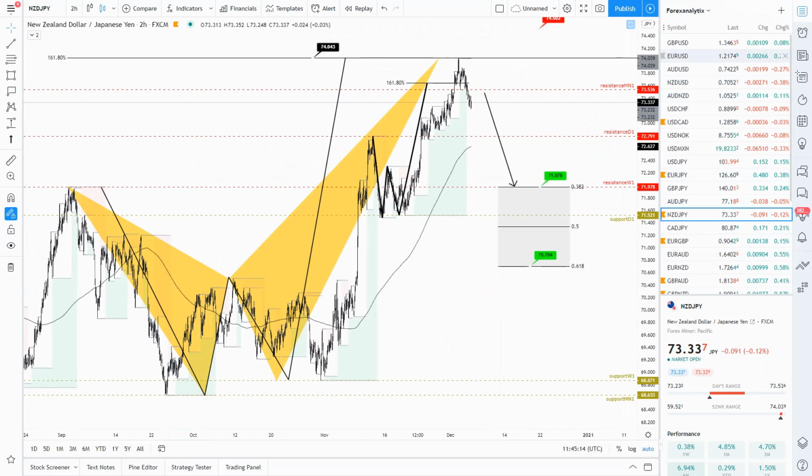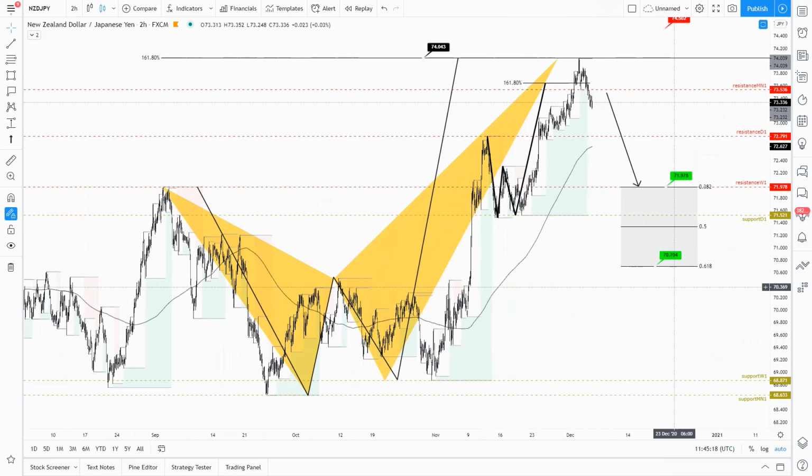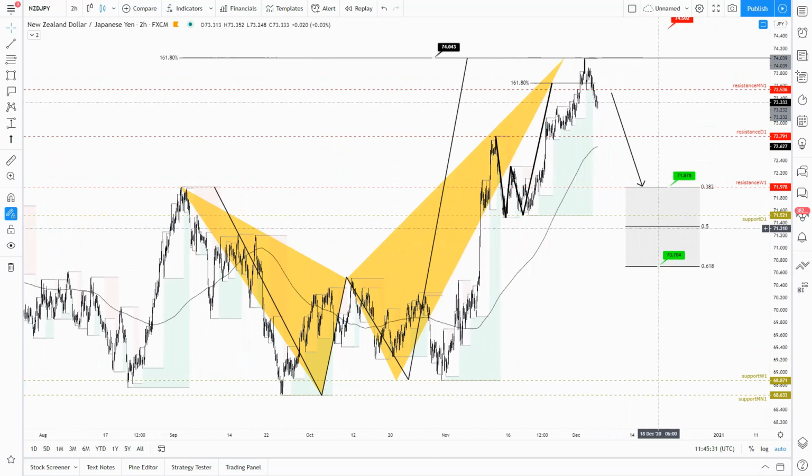New Zealand versus the yen, I took this as an opportunity, and I shared it with some of the traders subscribing to my Telegram channel as a real opportunity to engage the market. We have a nice and clear event here, with the bearish crab pattern printed at 74.04.